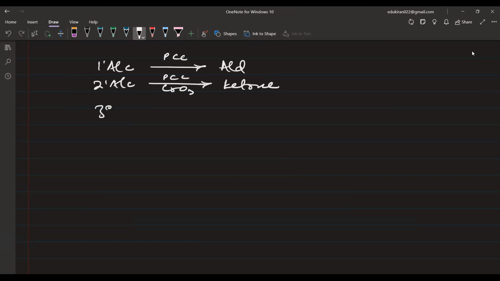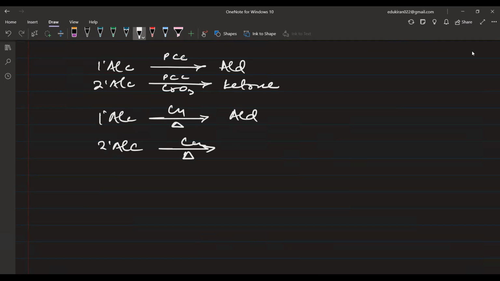Then 1 degree alcohol with copper and heat gives aldehyde. 2 degree alcohol with copper and heat gives ketone. 3 degree alcohol with copper and heat gives alkene.